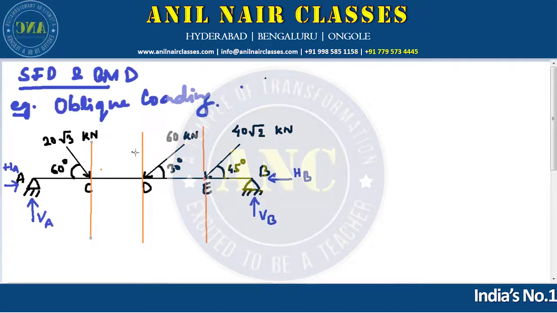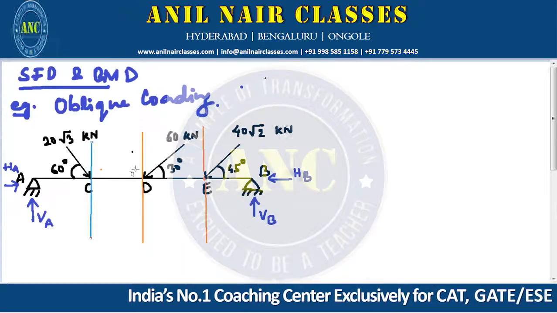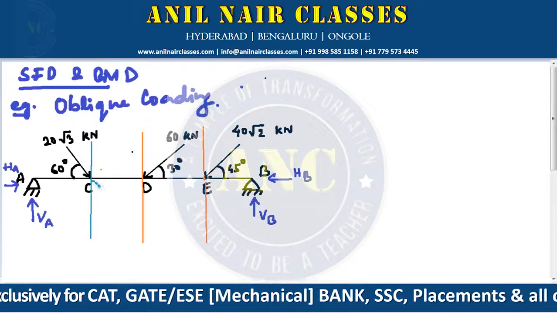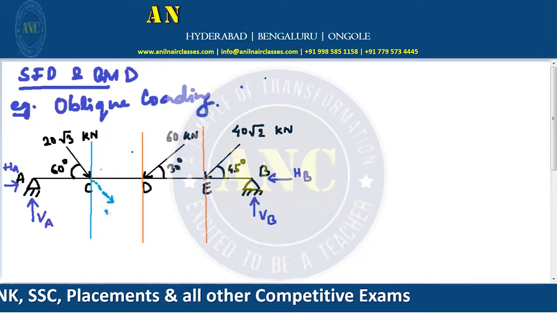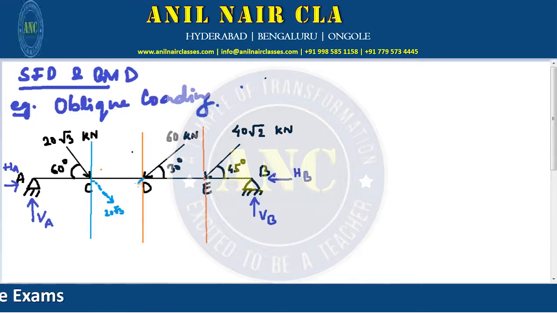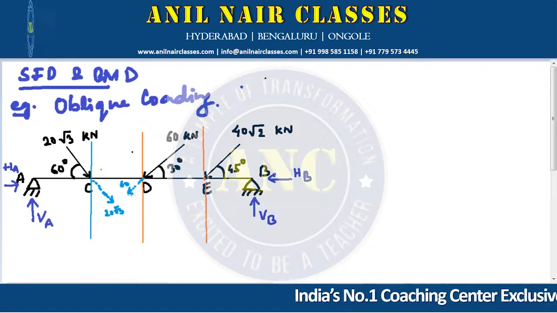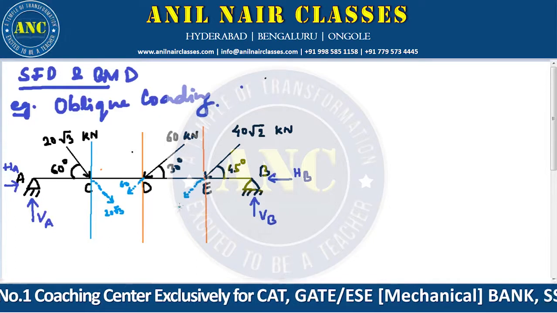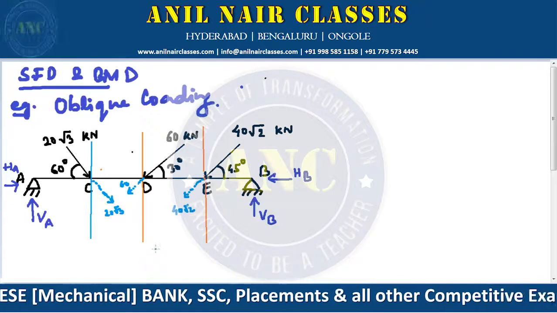Now if you see here, this load is coming towards which quadrant? Towards the fourth quadrant. How much? 20 root 3. Now this is 60, coming to which quadrant? Third quadrant, right? Whereas this is also coming towards the third quadrant, that is 40 root 2, correct?